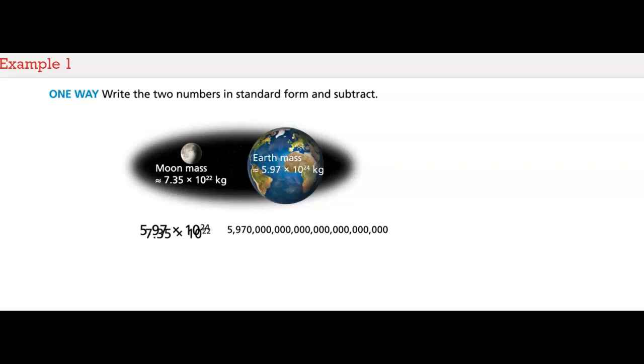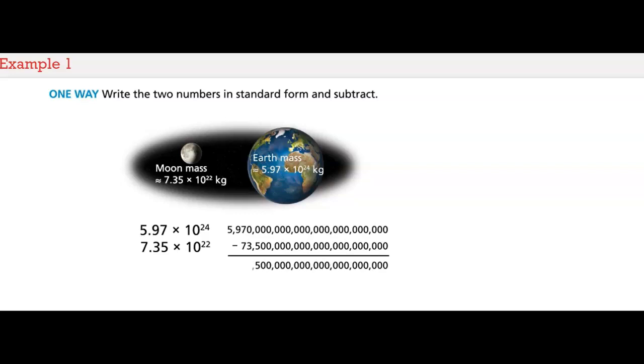And 7.35 times 10 to the 22nd power is written like this in standard form. Now subtract. The difference is about 5.90 times 10 to the 24th power.